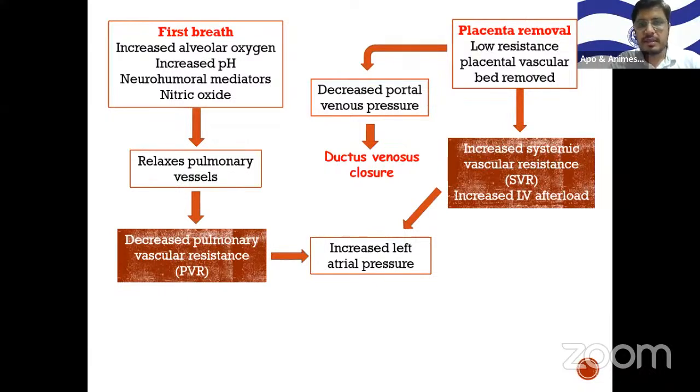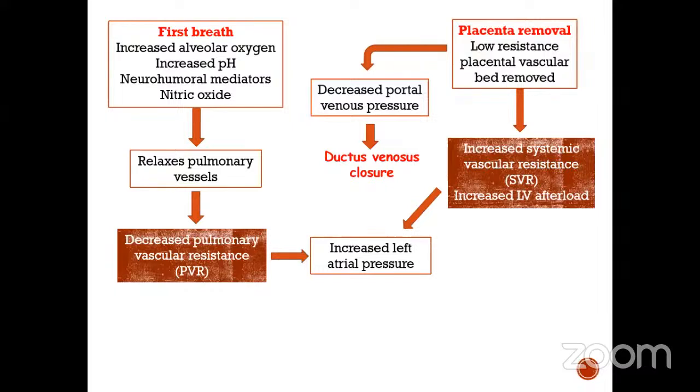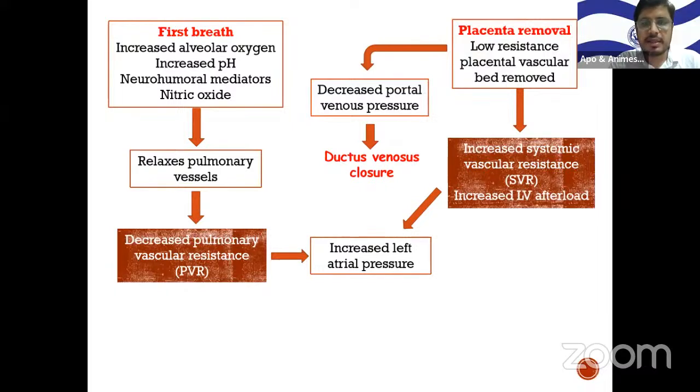We have seen that the shunt between the right atrium and left atrium was just a one-way flap valve. So as the left atrial pressure increases relative to the right atrium, the foramen ovale gets closed. That is the mechanical closure of the foramen ovale.